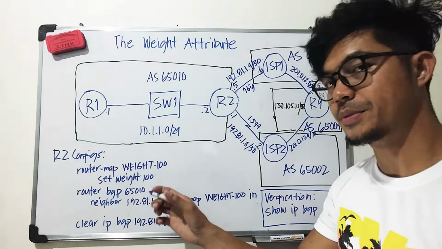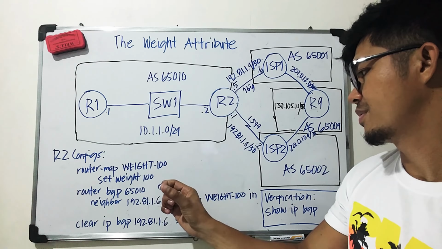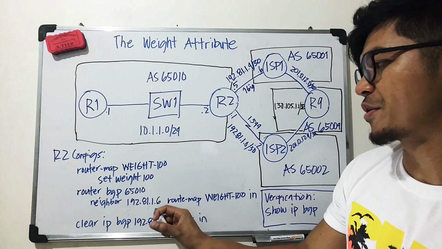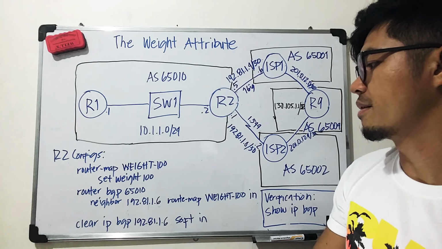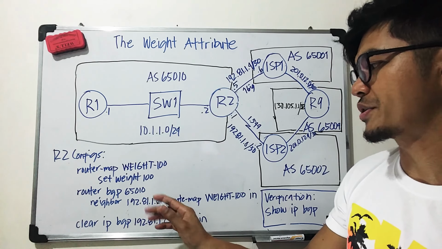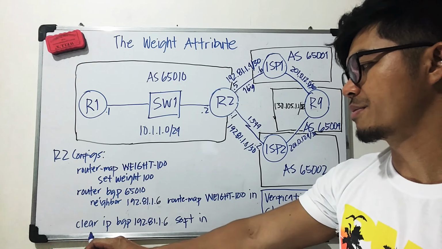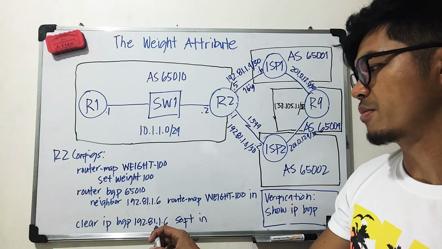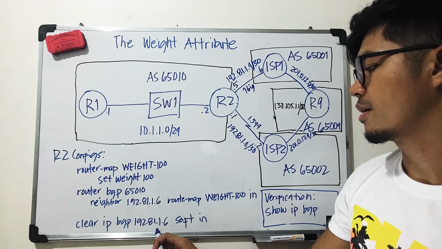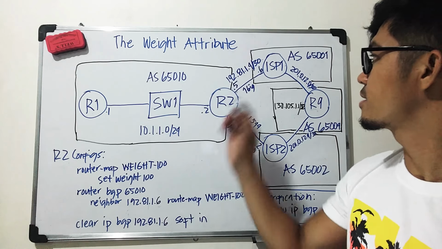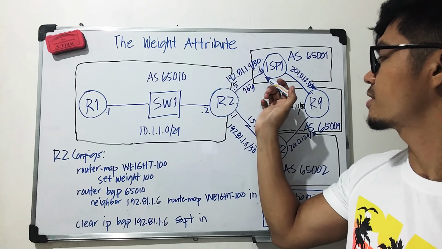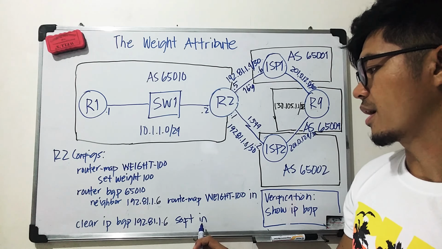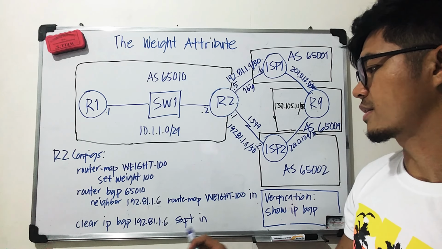Once you are done configuring this, you just have to save the configuration, of course, and then for this change to take effect, you have to do a clear ip bgp and the IP address of the neighbor, in this case .6 here, soft, and inbound direction.